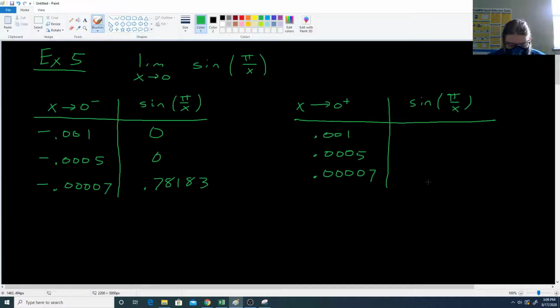Put in 0.001, I get back 0. I put in 0.0005, I get back 0. Put in 0.00007, I get back negative 0.7818. So let's look at negative 2, 3, 4, 5, 6 zeros and a 3.